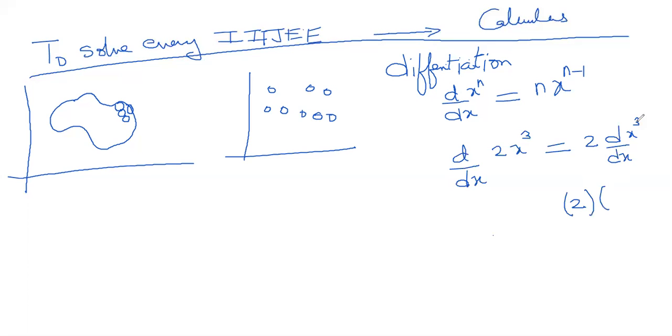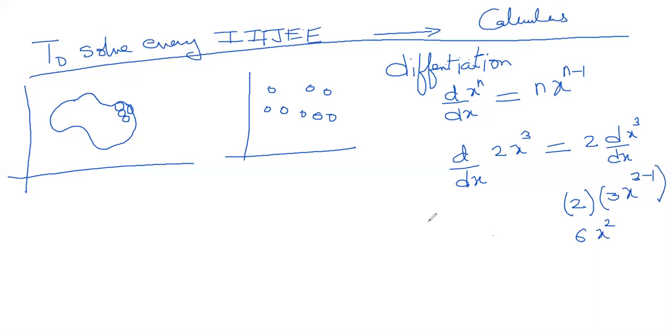Then whatever the power 3 is will come here because of this formula, x power 3 minus 1. So now what will be the answer? 2 3s are 6, x power 2. 6x square, sir. That's it. Like that, we can solve differentiation for any x power anything.